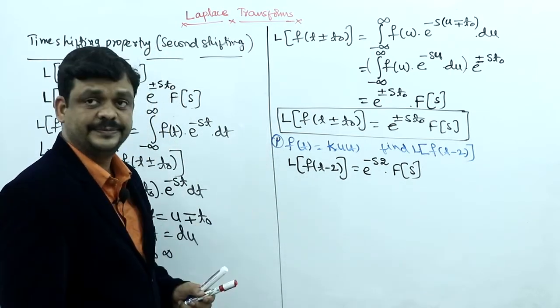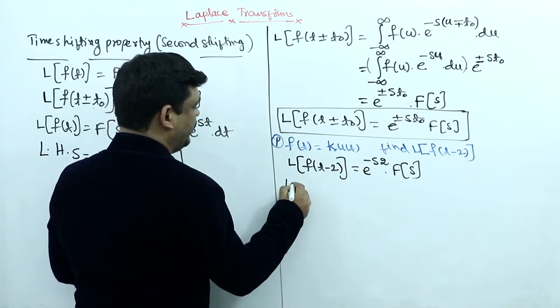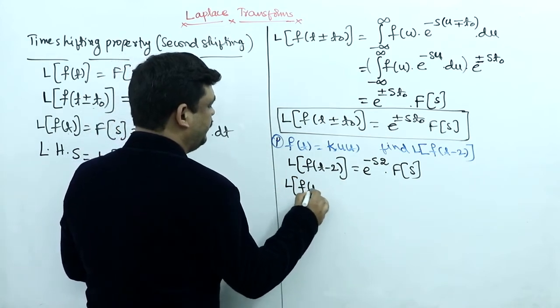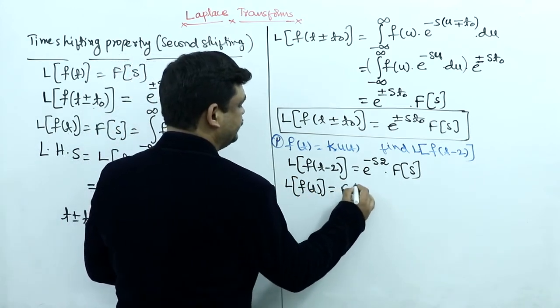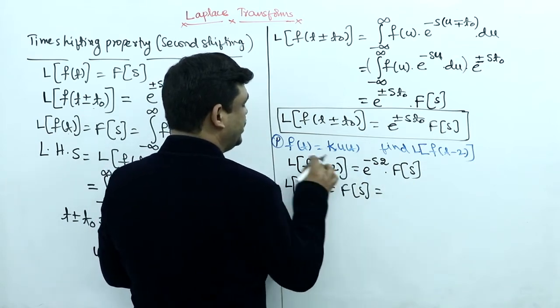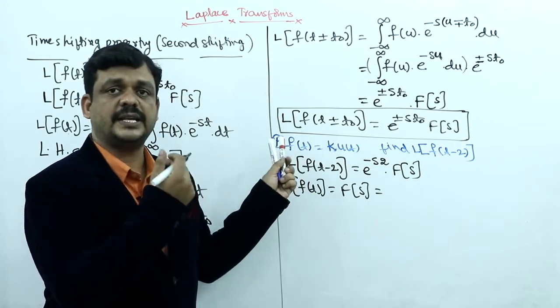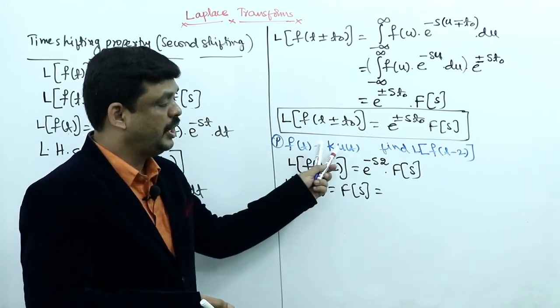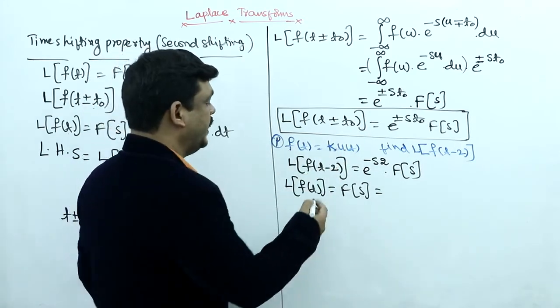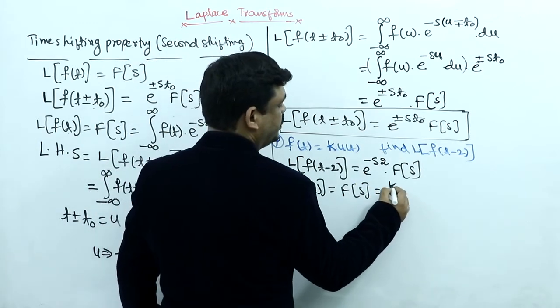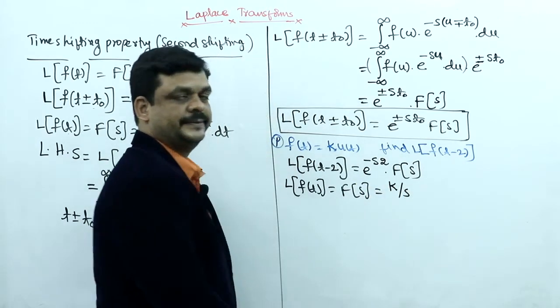So just find the Laplace transform of this function. Already we have discussed this: it acts as a unit step signal, k into u of t. Then Laplace transform of k into u of t is k by s.